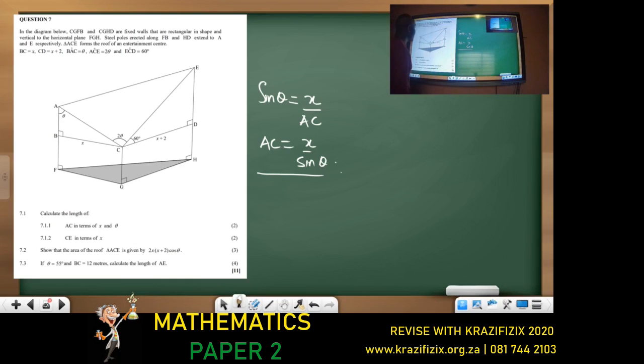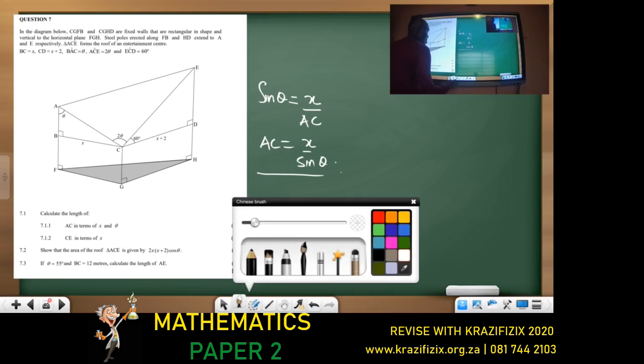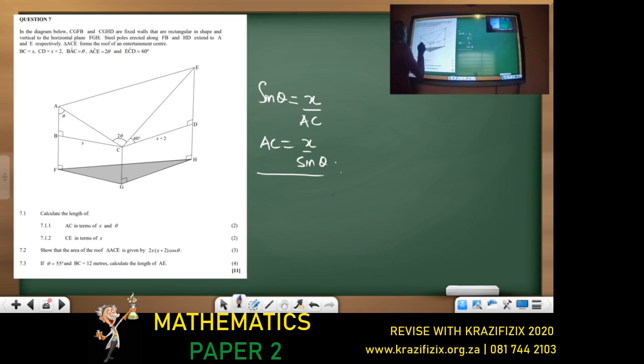What about CE in terms of x? Where is CE? Now we know this. Let's go write something there. I like to write this in my paper. What is this? X over sine theta. Now, we want CE.